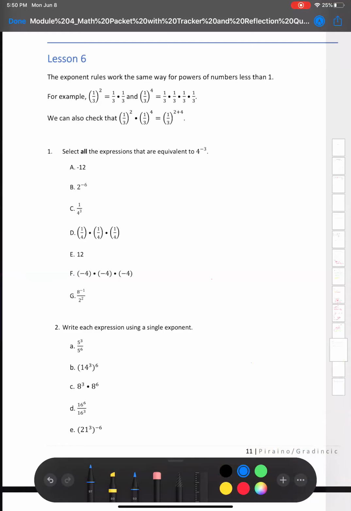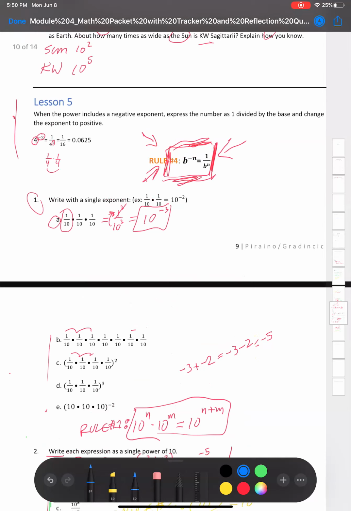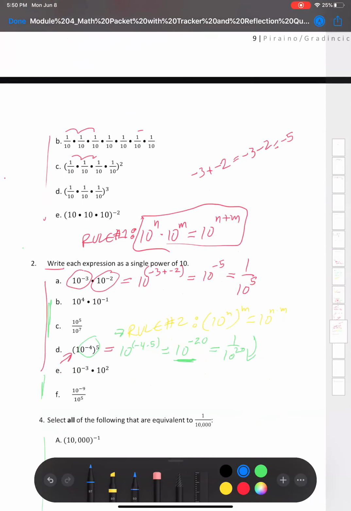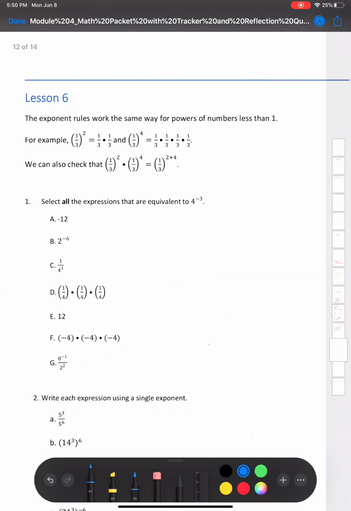It's more of an explanation or demonstration of how those properties of exponents apply to numbers other than powers of 10. So far, every single one of the rules, we've been applying them to powers of 10, right? But now we're going to see that those properties or rules actually apply to any number.